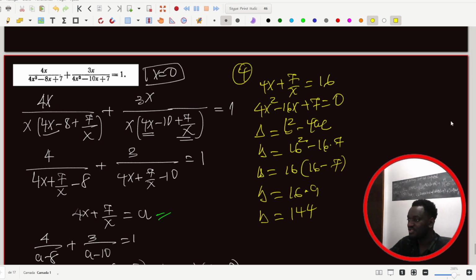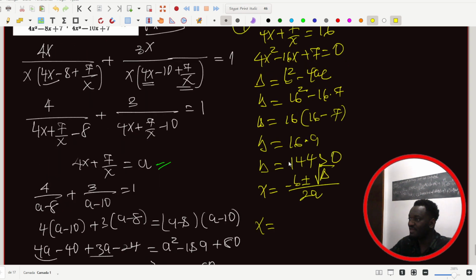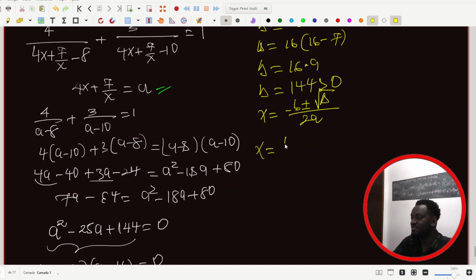Okay, so guys, given this one here, we can now find our other values of x. So we're gonna have minus b plus or minus square root of delta. This is greater than 0, it means that we have real solutions here. We have delta divided by 2a, so our x is going to be equal to minus negative 16, so it's going to be plus 16 plus or minus square root of 144, this is 12, divided by 8, right?